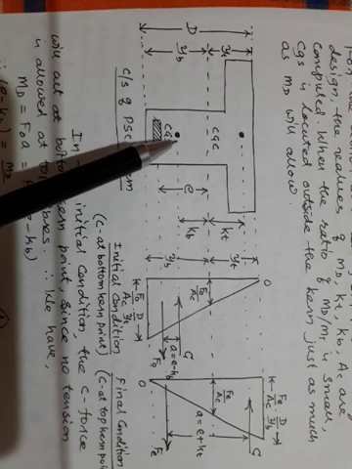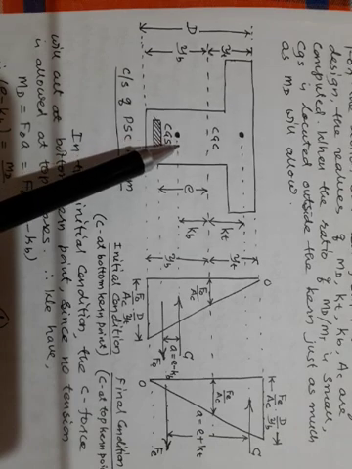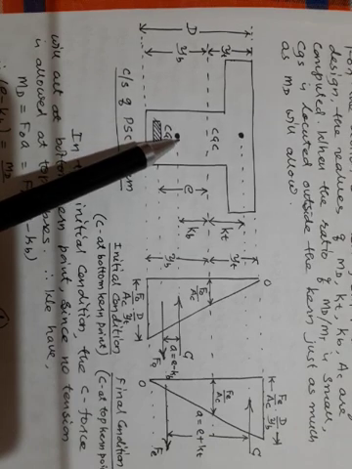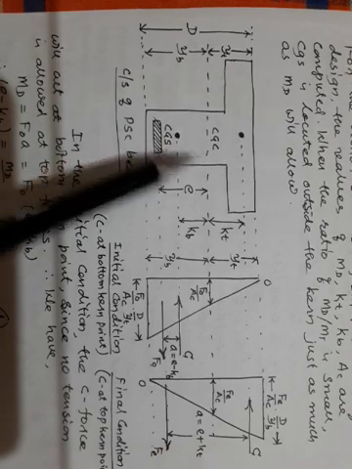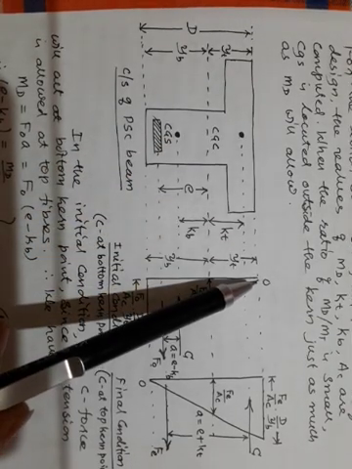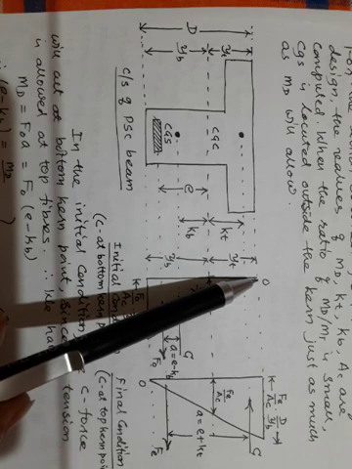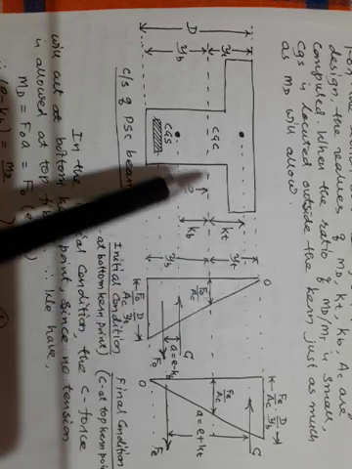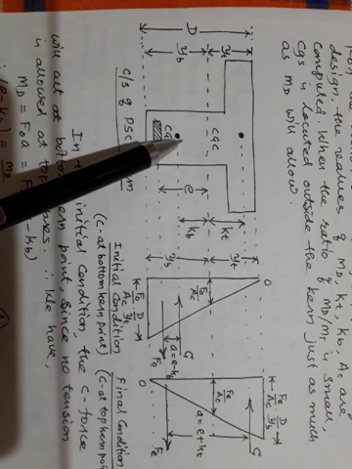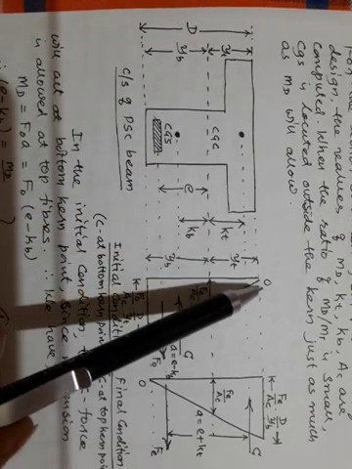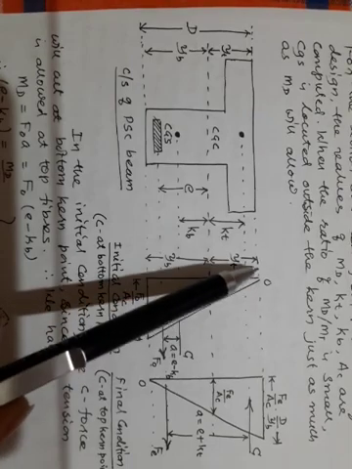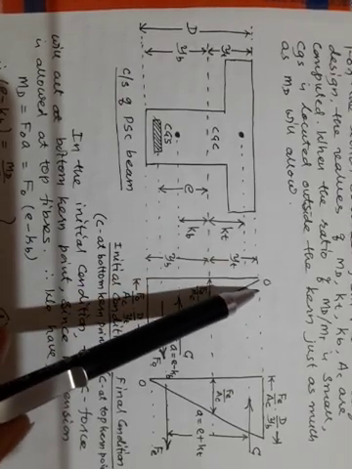So now I don't allow my C force to act below this. If it acts exactly here, my top fiber stress will reach zero tensile stress. If your C force acts below this, you will see that your tensile stress in concrete exceeds your permissible tensile value.